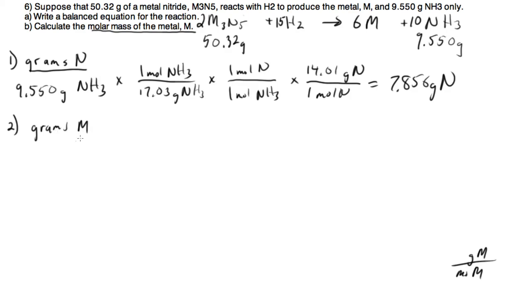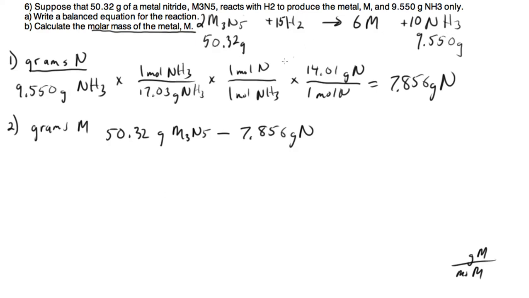So I'm going to take 50.32 grams, that's what we started with, M3N5, and I'm going to subtract 7.856 grams of N. Again, I found the N from ammonia. And N on the right is all tied up in ammonia. There's no nitrogen anywhere else.